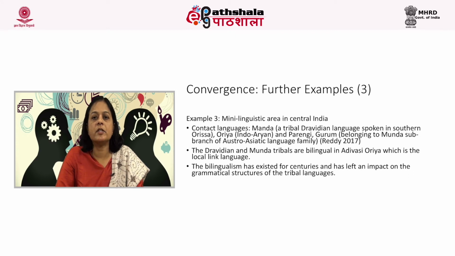Kupwad is a tribal Dravidian language spoken in southern Orissa, in contact with Oriya, an Indo-Aryan language, and Parengi and Gutob belonging to the Munda sub-branch of the Austroasiatic language family. The Dravidian and Munda tribals are bilingual in Adivasi Oriya, which is a local link language. Such bilingualism has existed for centuries and has left an impact on the grammatical structures of the tribal languages.